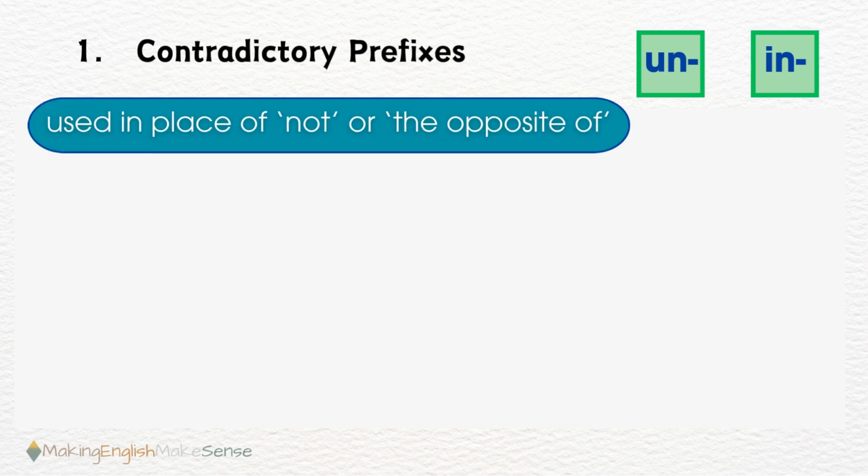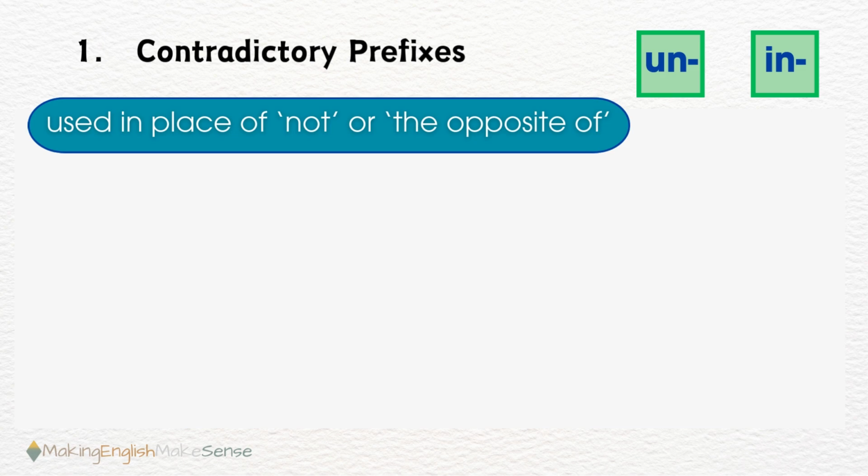Thinking about which word or phrase a prefix replaces can be a good tool to use to remember what a prefix means. And we can think of un and in as replacements for the word not or the phrase the opposite of.